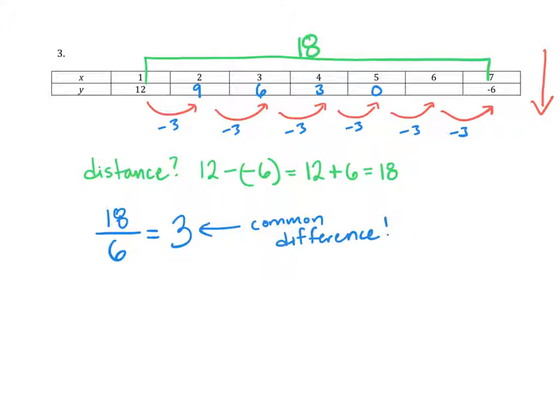That'll be step 5. 0 minus 3 is negative 3. Step 6, and let's double check to see if this works out. Negative 3 minus 3 is definitely negative 6. So that means that we're correct. We have found the correct common difference, and we have found all of those arithmetic means.